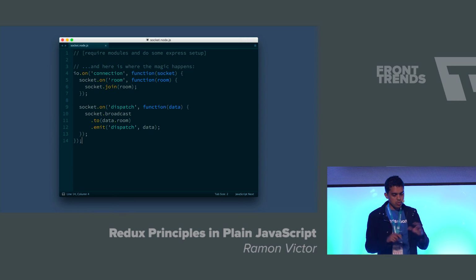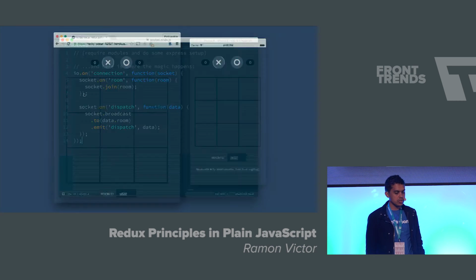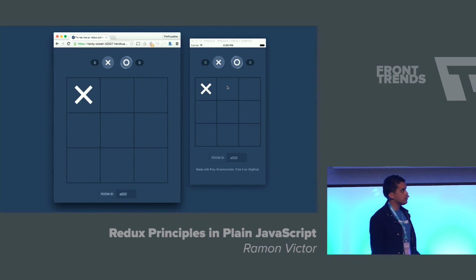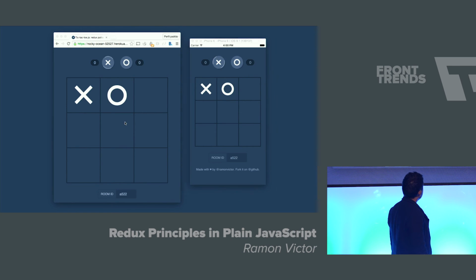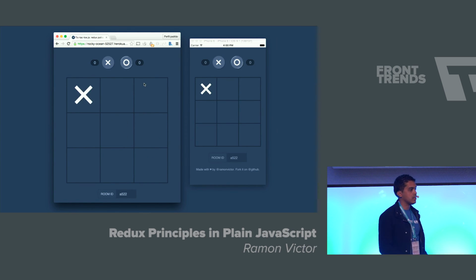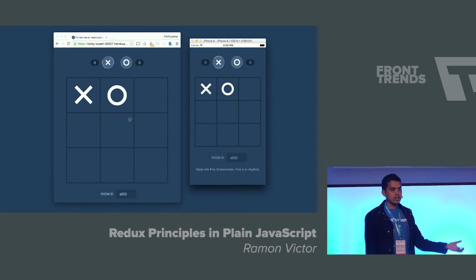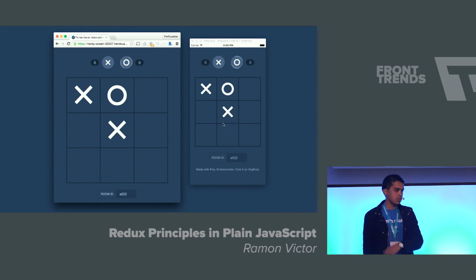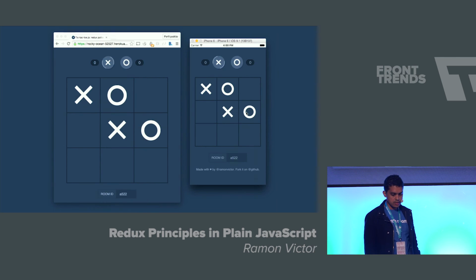If you see, I don't need to have any conditions, and that allows me to have this working. So you play in one browser and it's synchronized with the other. You don't need any magic or anything: just take the action that comes from the front end and send it to the other browser, and that's pretty much it.